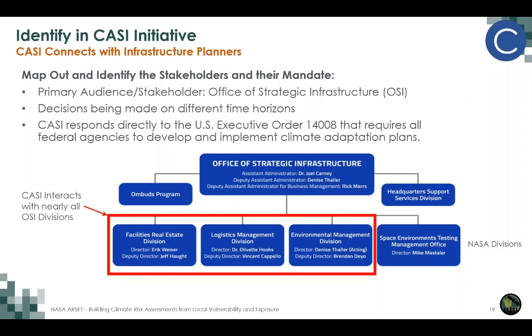For example, the decisions made by the Facilities Real Estate Division could be on both short-term and long-term scales, in terms of building restoration projects versus scoping out new building development. CASI also responds directly to the executive order to ensure that federal agencies develop and implement climate adaptation plans.